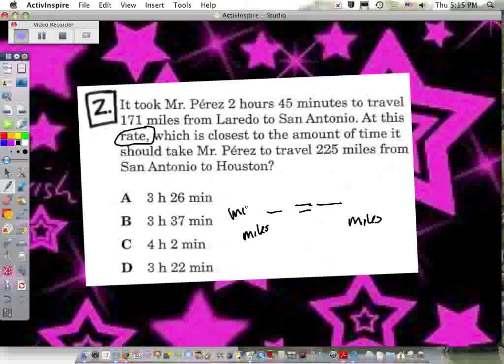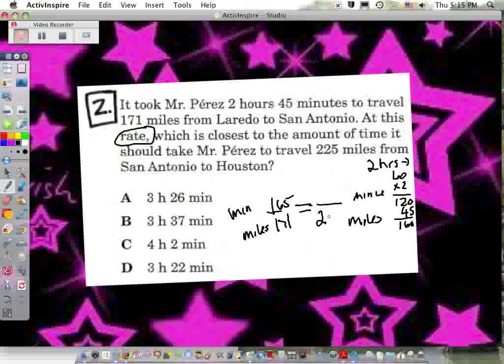I'm going to want to convert everything into minutes. So you take your 2 hours, convert that to minutes. How many minutes is that? Well, 60 minutes in an hour, 120, plus the 45, 165. So it's 165 minutes to go 171 miles.